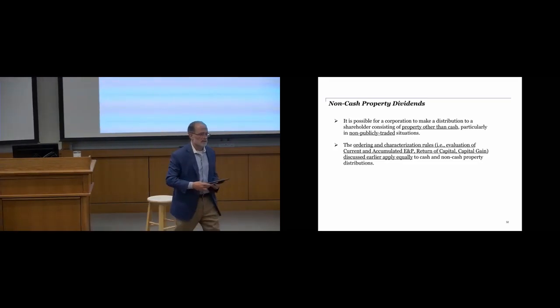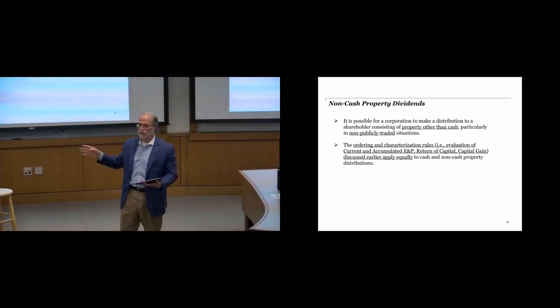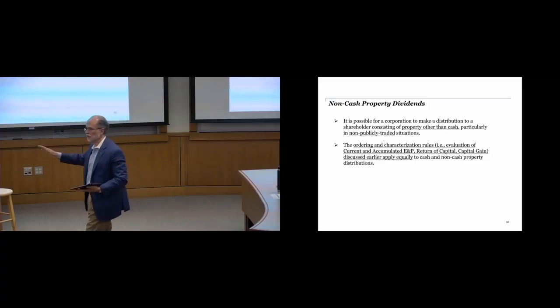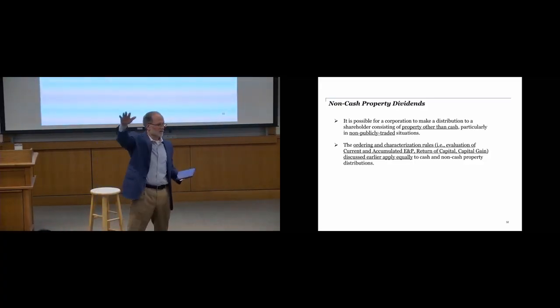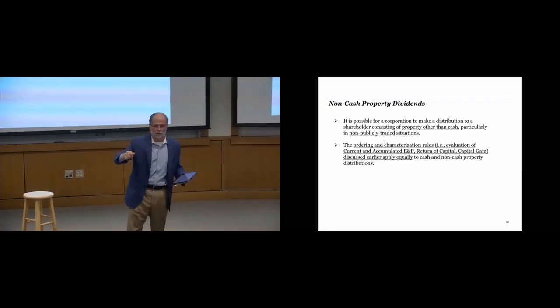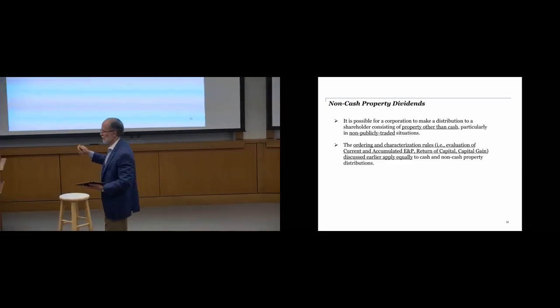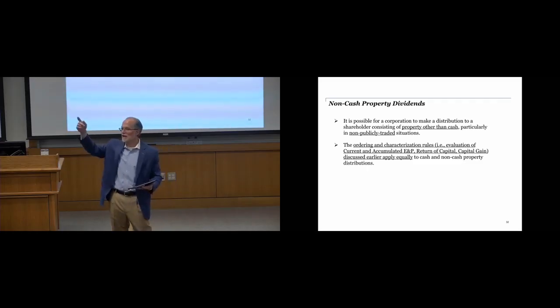So most distributions from corporations are made in cash, right? Especially in the publicly traded scenarios. Apple cannot give a zillion shareholders property other than cash. It's just not practical, right? So in the publicly traded setting, you're going to see lots of cash go out. In a more closely held, more family-owned corporate setting, founder setting, there can be non-cash property distributed, right?